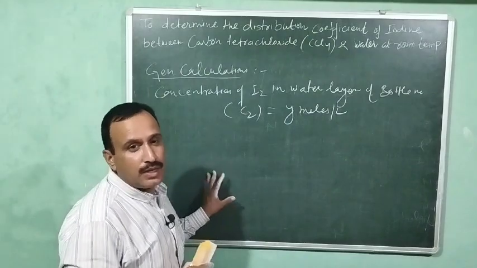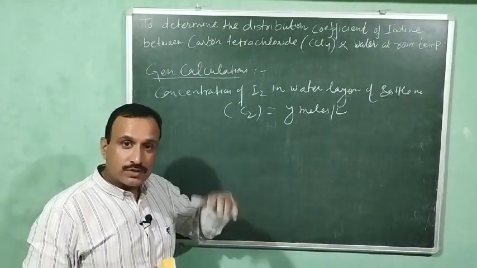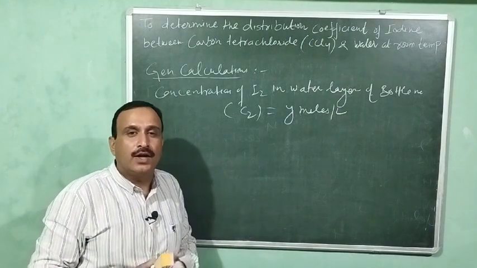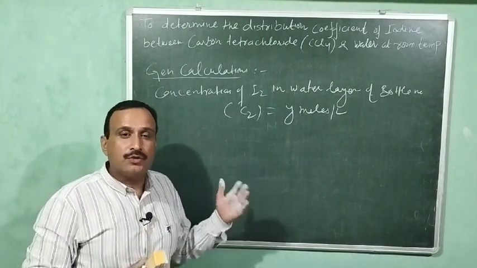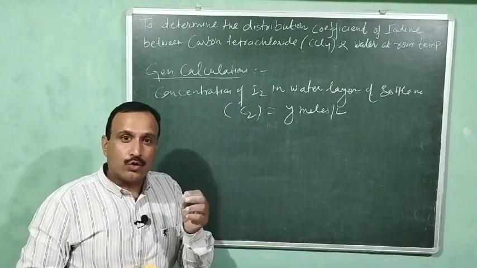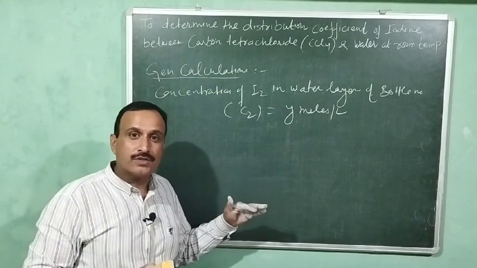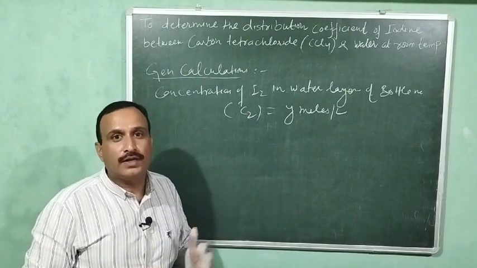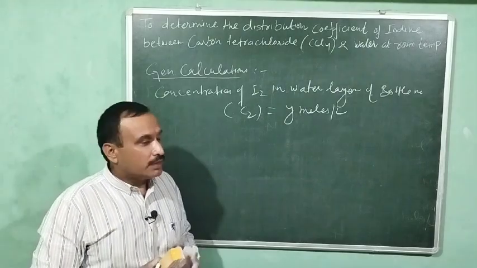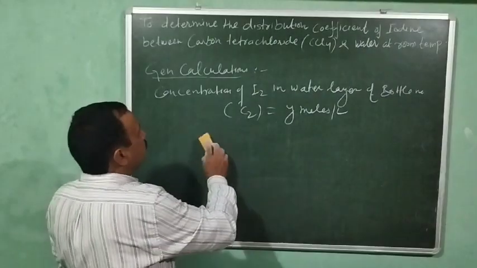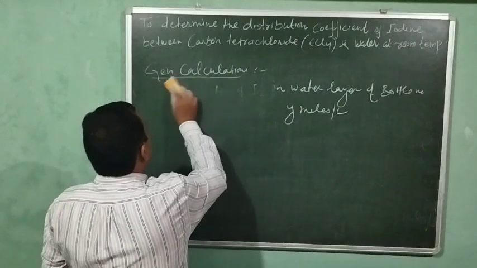In this way we have calculated the concentration of iodine in the aqueous layer and CCl4 layer of bottle number 1, and we will follow the same general calculations to calculate the concentration of iodine in the aqueous layer and the CCl4 layer of the rest of the bottles. Then again we will record the values of C1 and C2 in a table.